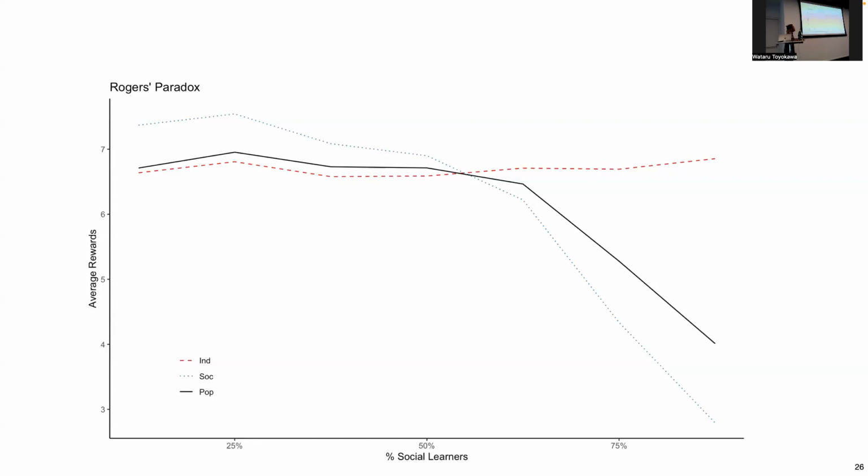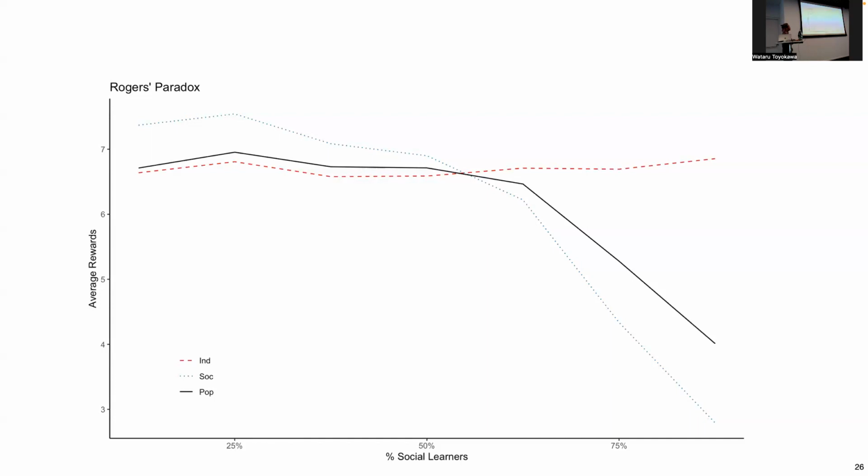Theoretically speaking, this is an evolutionarily stable point, and this is why Rogers paradox is paradoxical: social learning doesn't really increase the population level payoff compared to a pure asocial learners population's performance.